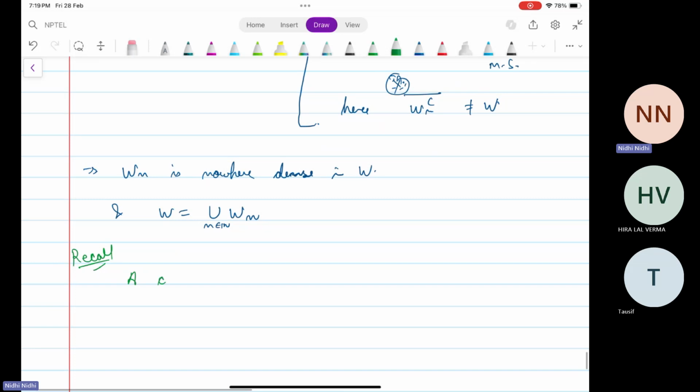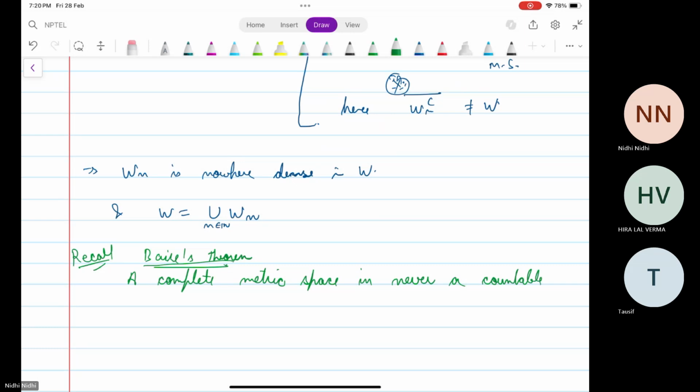A complete metric space is never a countable union of nowhere dense sets.